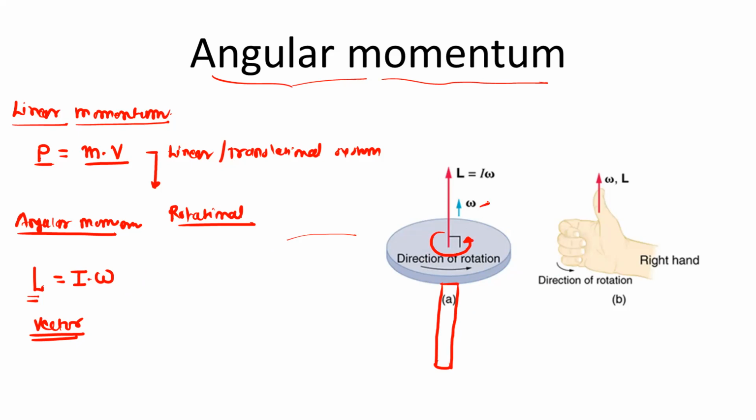The direction of angular velocity and direction of angular momentum are the same, and we decide the direction by using the right hand thumb rule. What is the right hand thumb rule? You have to curl your fingers in the direction of the angular velocity, and the thumb will denote the direction of the angular velocity or angular momentum. So this thumb indicates the omega and L direction. So this is your angular momentum.